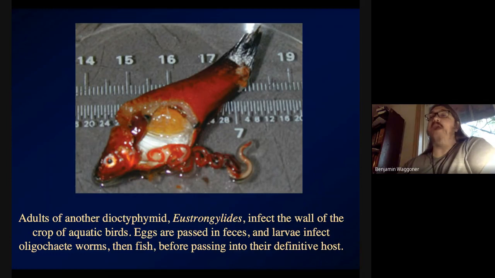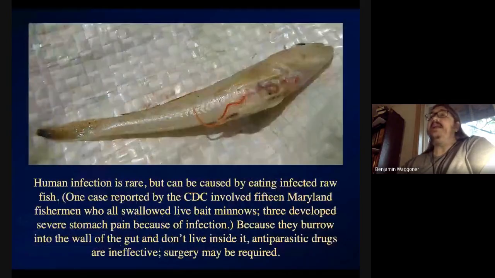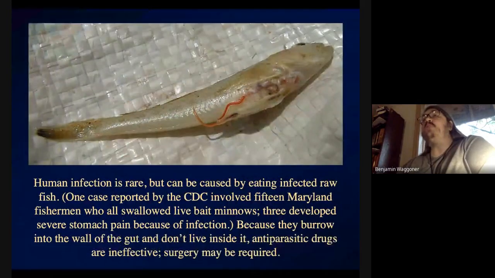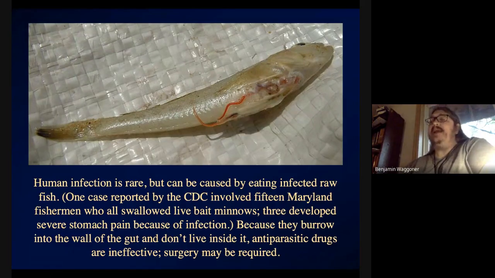And there you've got one that's been removed from a fish. And then, of course, it would infect a fish-eating bird if a fish-eating bird ate it. Eustrongylides, there we've got, I guess that's a minnow with an infective Eustrongylides. That's rare, but you can get it from eating raw fish.